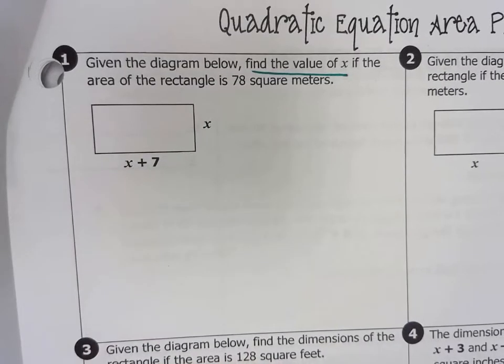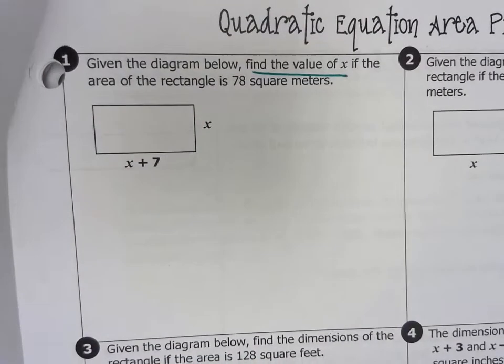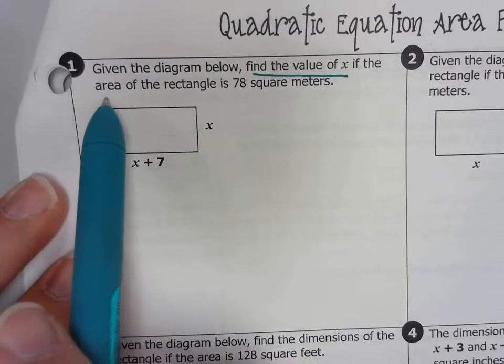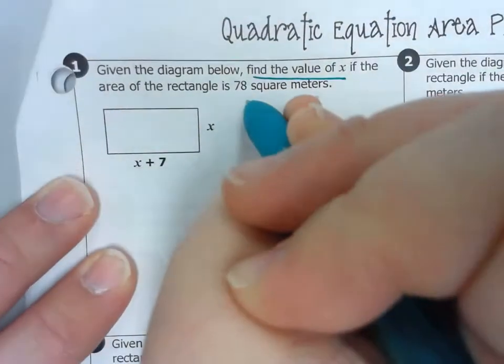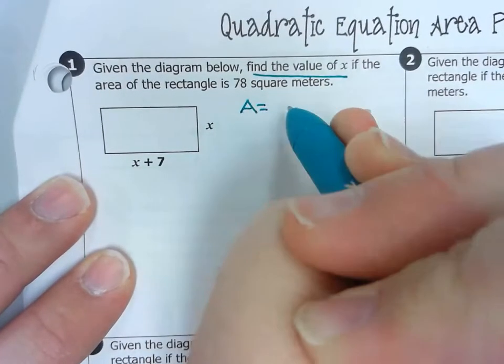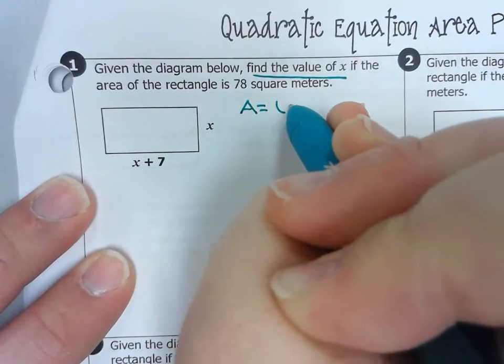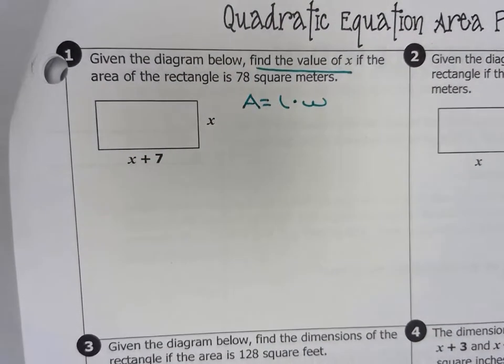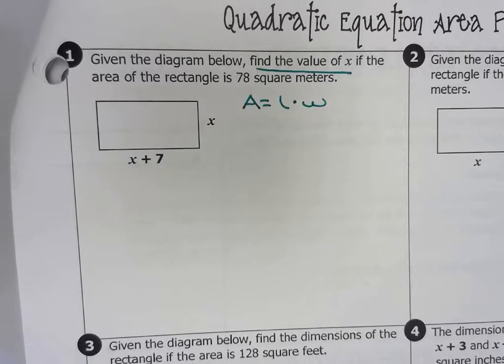So let's think about this. I somehow need to come up with an equation so I can find x. I can solve for x. So what equation would I come up with if I'm talking about the area of a rectangle? Area is what? Length times width. So since they give you the area 78, they give me the length and the width of the rectangle, I can just plug stuff in here.